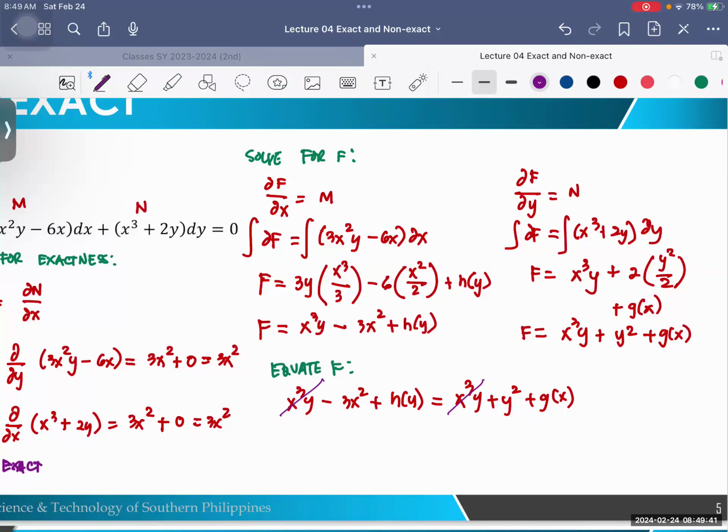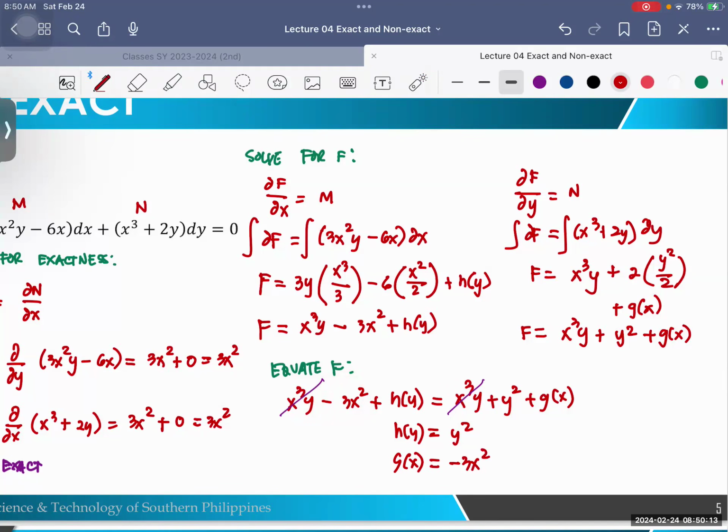Okay, on the right side, the purely function of y there is the y squared. So, h of y must be y squared. Okay? And g of x on the right side, what is its equivalent function of x on the left side? So we see that it is negative 3x squared.